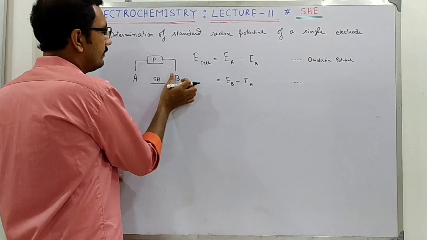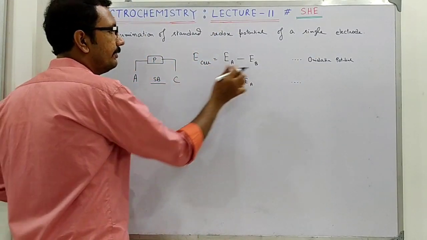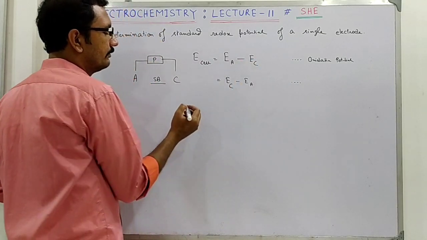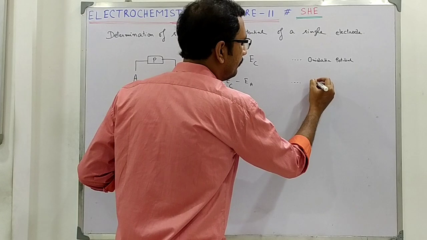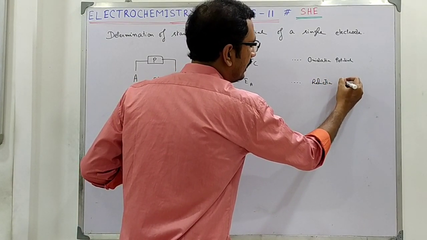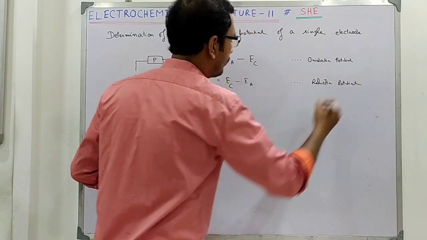Or better, write it as cathode minus anode, if you express the electrode potential in terms of reduction potential.